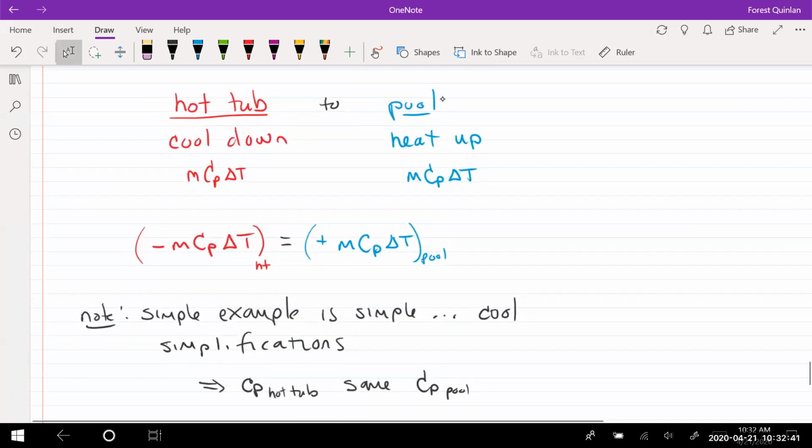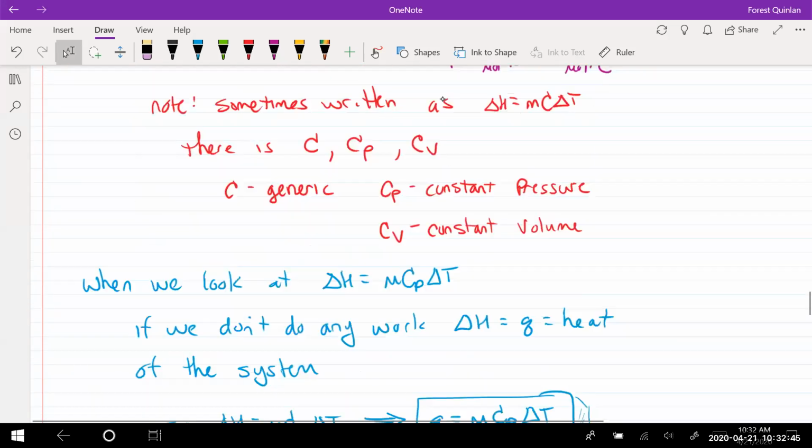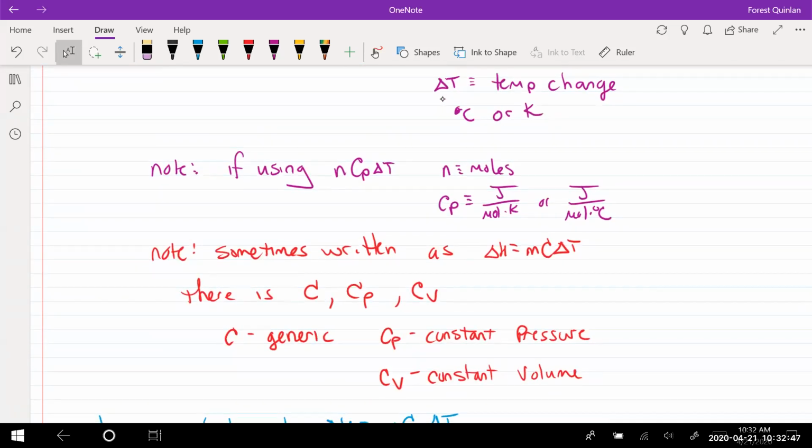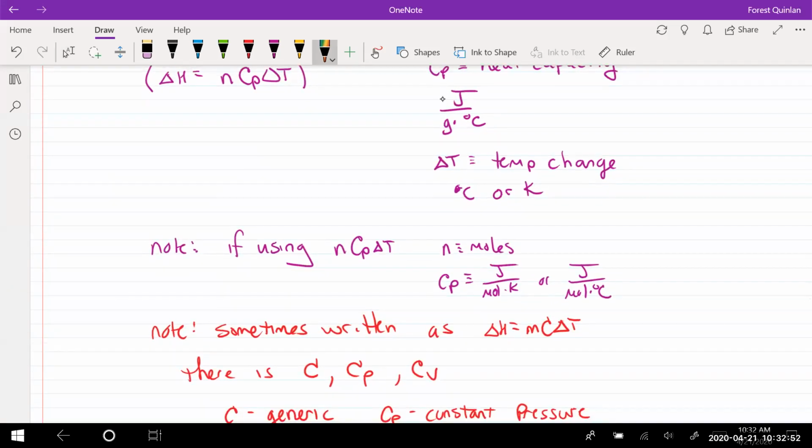Let me just remind us. When we talked about these units right here, if you look at them, it is how much energy to heat up 1 gram, 1 degree Celsius, or 1 Kelvin. So the more stuff, the more energy. The more temperature difference, the more you want to heat it up, the more energy. So these are all defined by how much energy for 1 gram and 1 degree Celsius on the heating.